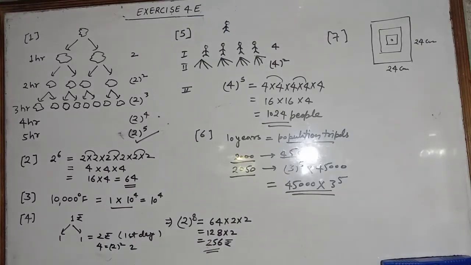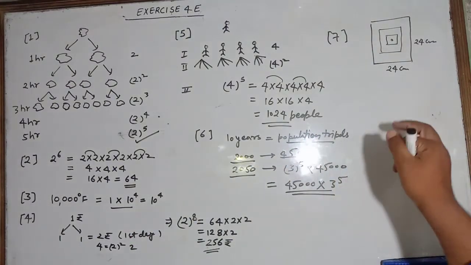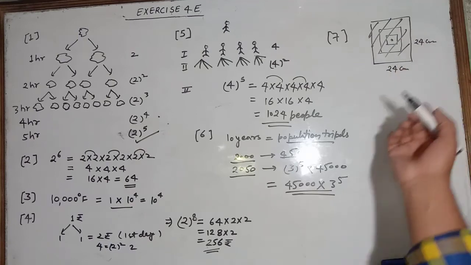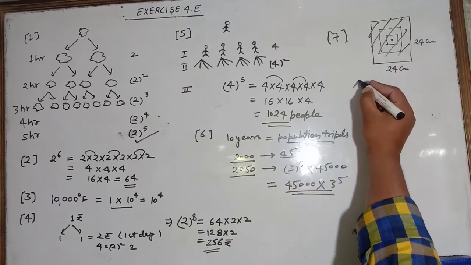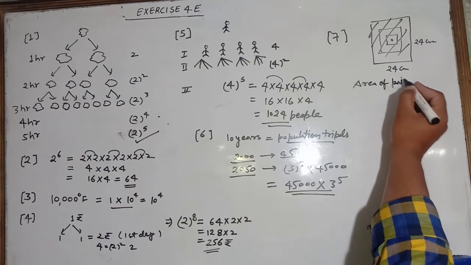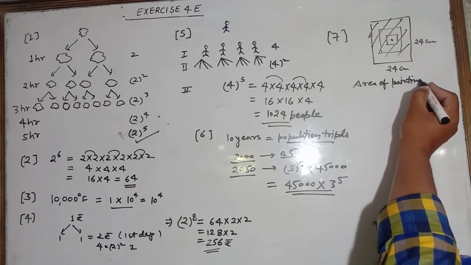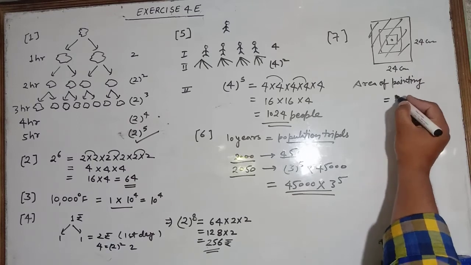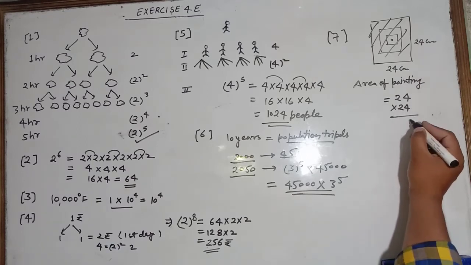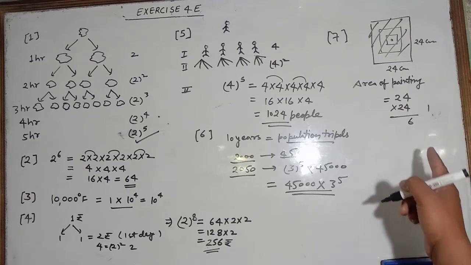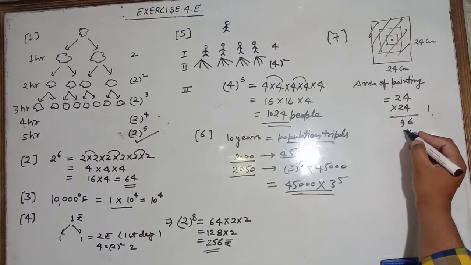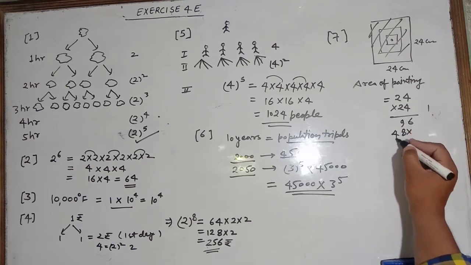What is the area of the painting? That area will be the whole area. So how will we find it out? We know that the area of the painting will be equal to the area of a square, that is 24 into 24. 4 fours are 16, 4 twos are 8 plus 1 is 9, 2 twos are 4.